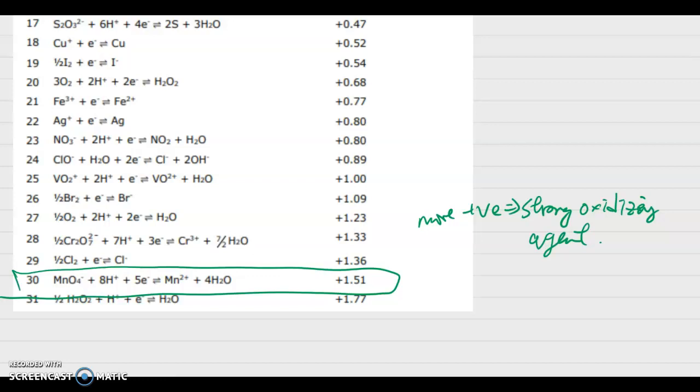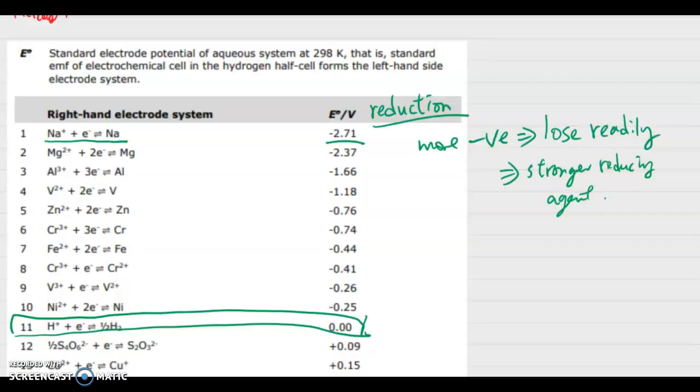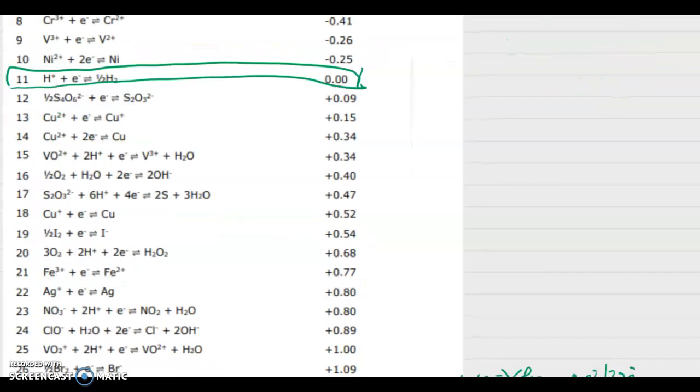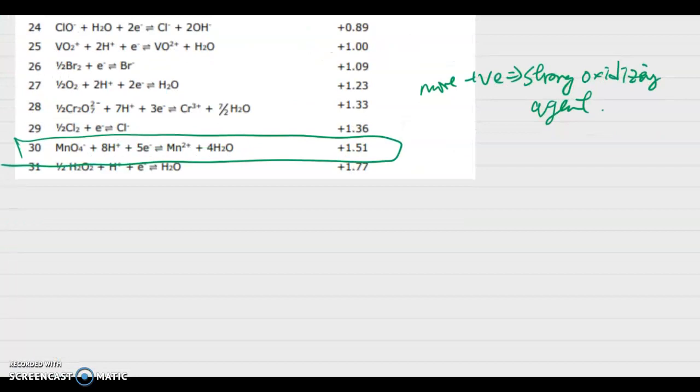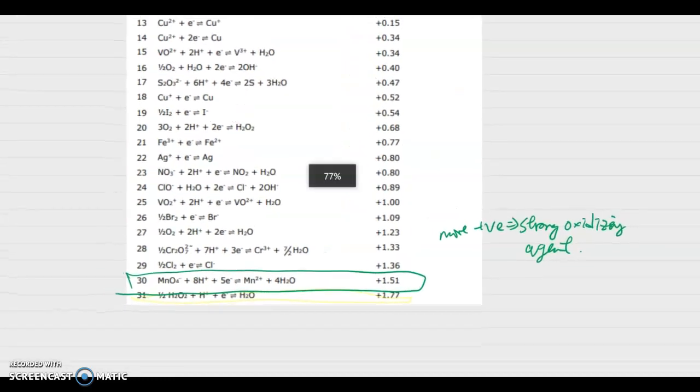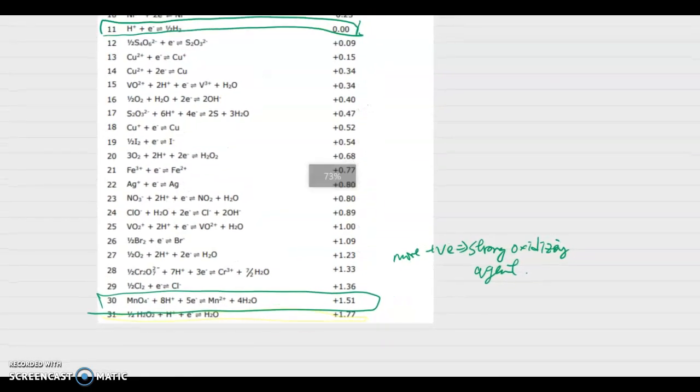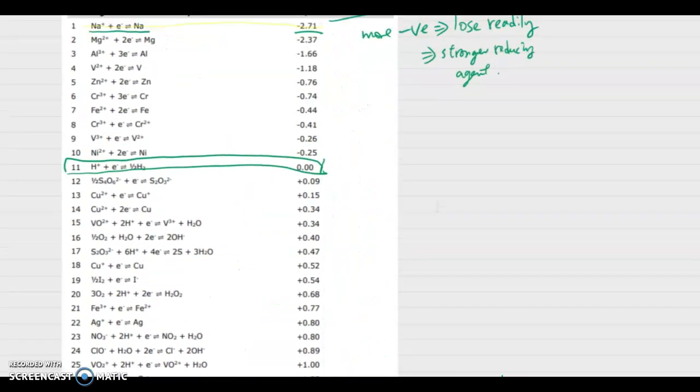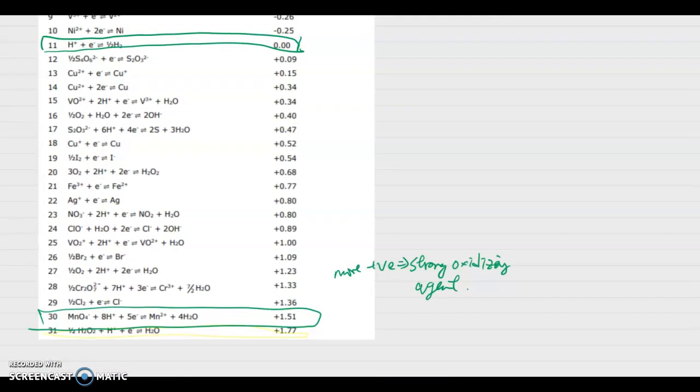But it doesn't mean that if we use sodium as one electrode and compare it with hydrogen peroxide, this will give us the best chemical cell. Well, the voltage is the highest, but it does not mean it is a feasible or controllable environment in which we can make a chemical cell.